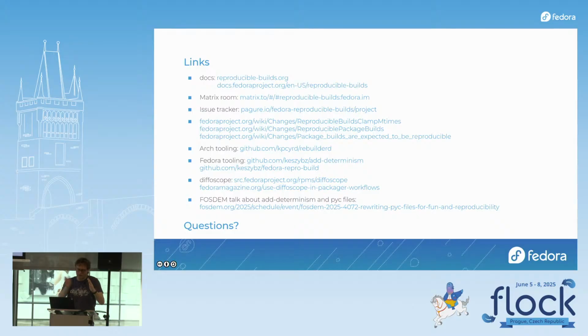So this means that you can have mtimes from the past, for example mtimes of source files that are copied and preserved during the copy, and they stay unchanged. But everything that is after the source date epoch, which we set to the timestamp of the last changelog entry, is clamped to the source date epoch.